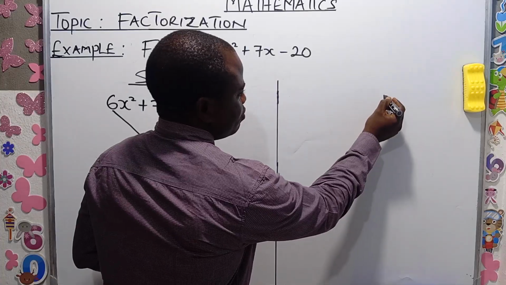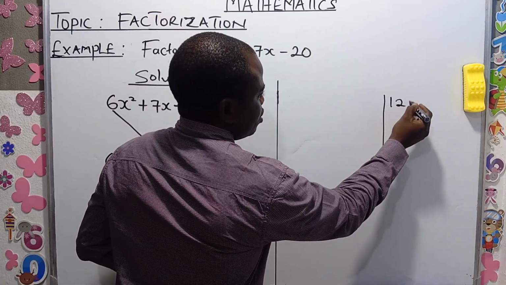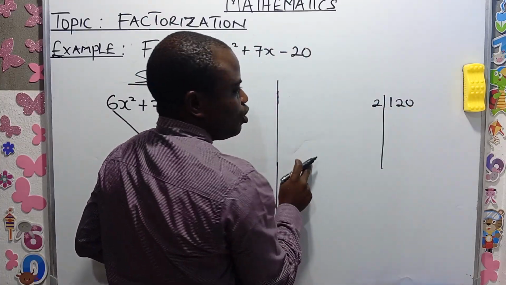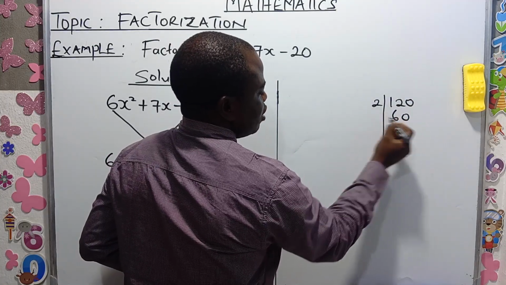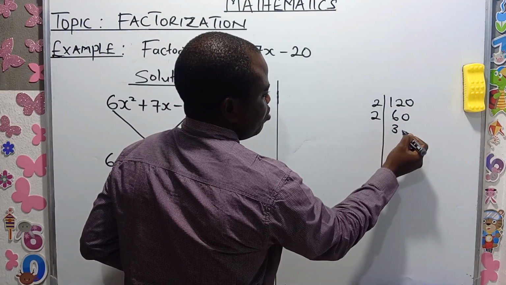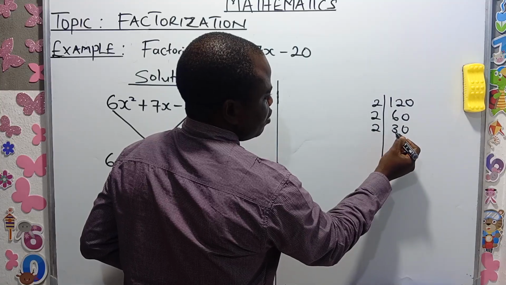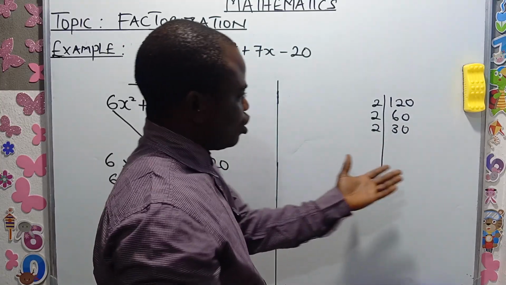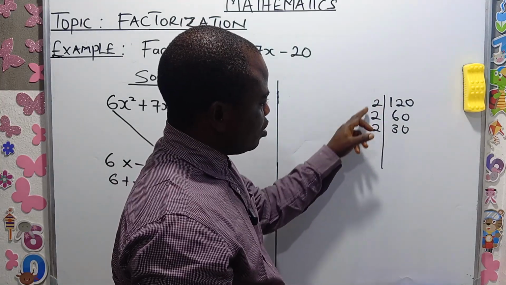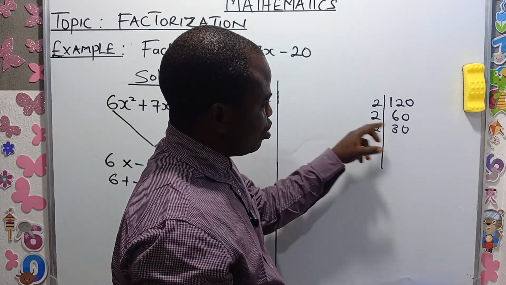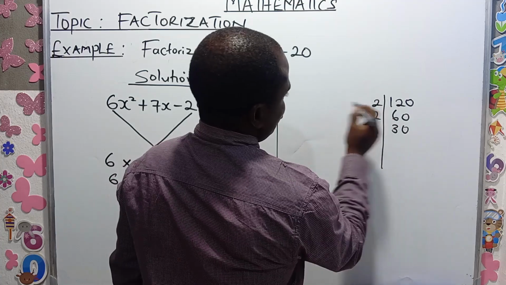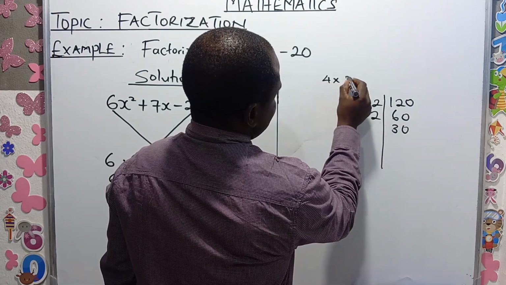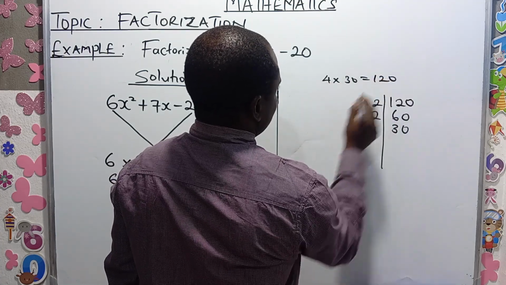Now let's go ahead and divide. Let's start with the lowest number. 2 goes in 12, that is 6. Bring the 0 down. 2 goes in 6, 3. Before you continue, let me show you. 2 times 2 is 4, and 4 times 30 gives you 120.